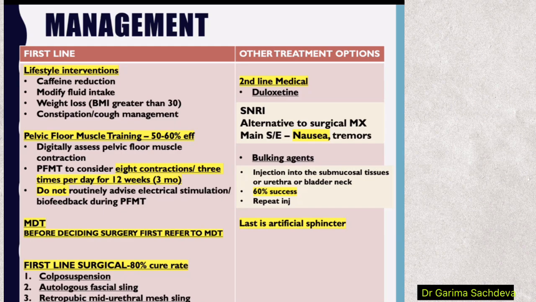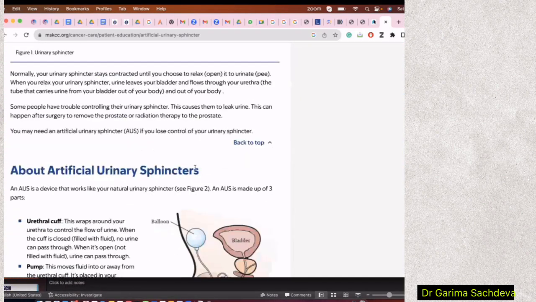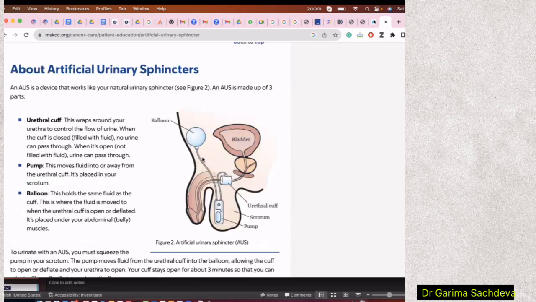And the last option is the artificial sphincter. I'll just show you what it is. It looks like this device, which is inserted. There is a button attached to it, and only when the patient presses this button will urine come out.